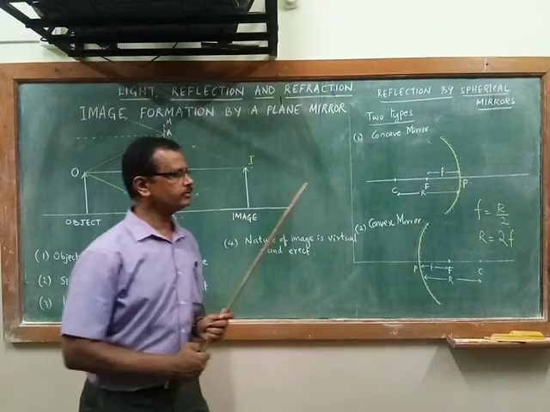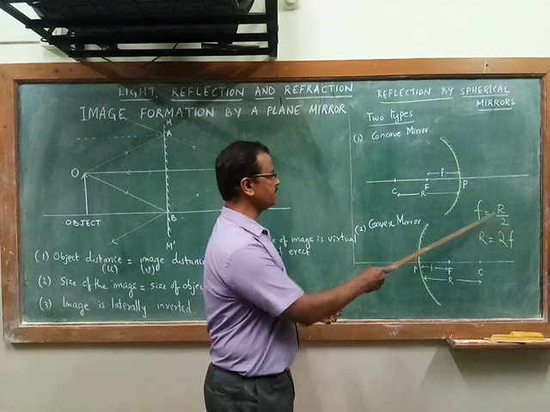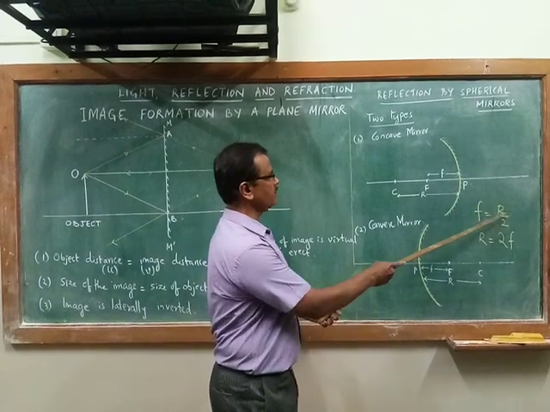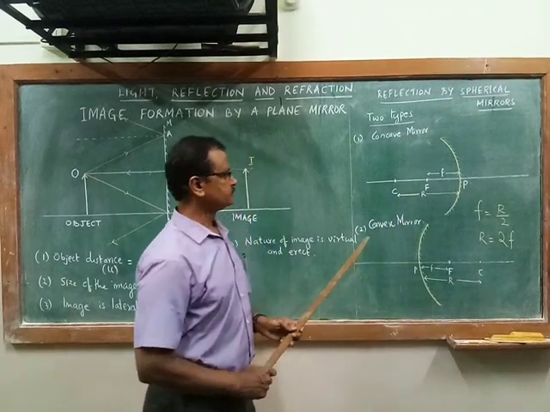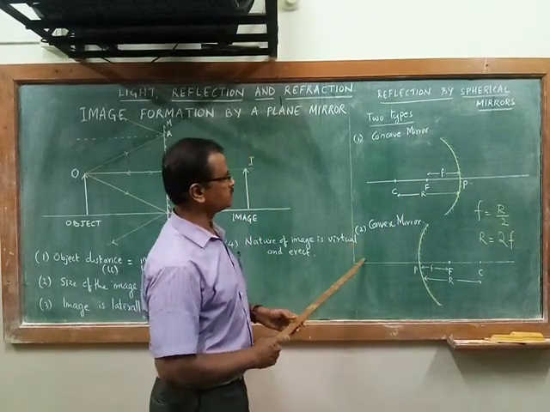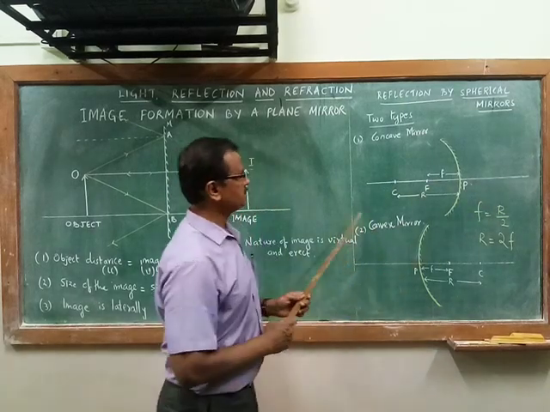This is what we are going to see later. So the relation between focal length and radius of curvature is F is equal to R by 2, or R is equal to 2F. These are the important terms, and one more important term is the principal axis.